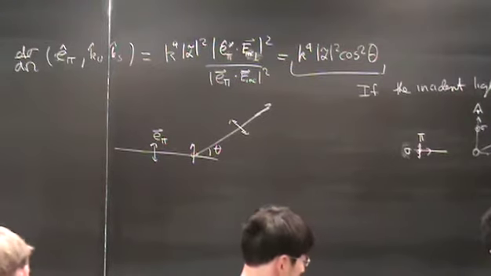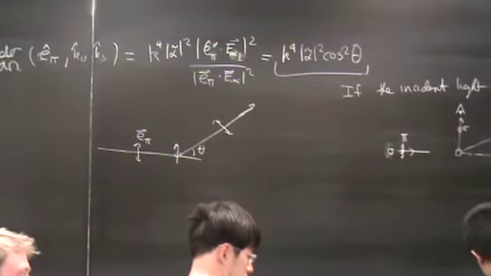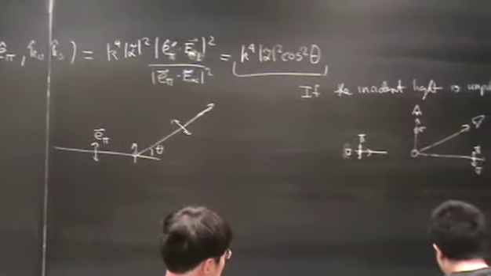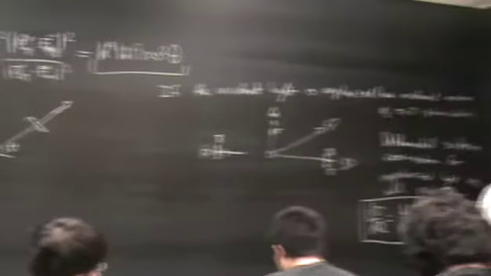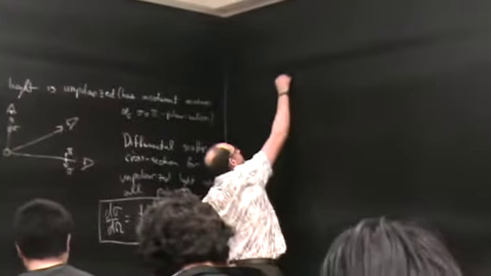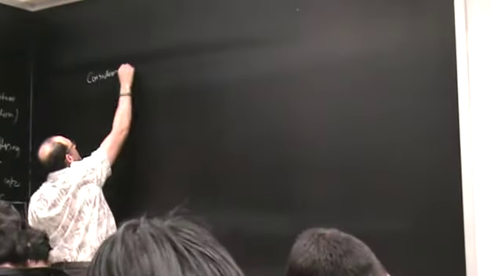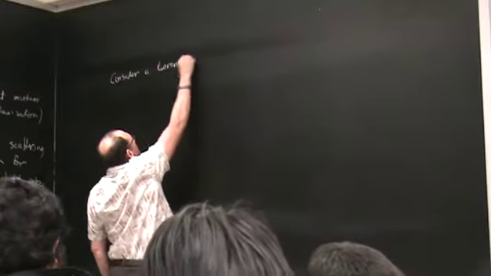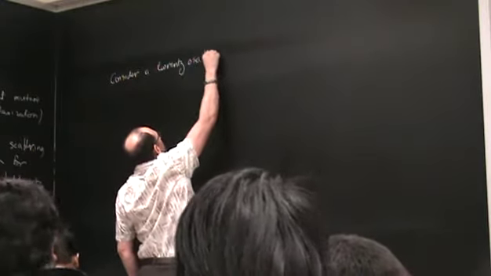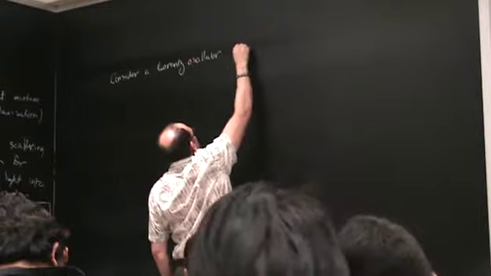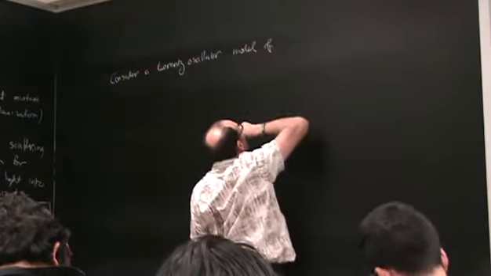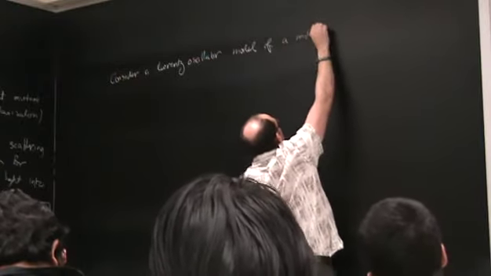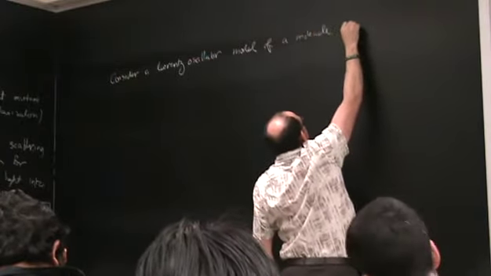So now let's talk about what we should take for alpha. Let's consider a Lorentz oscillator model of a molecule that scatters.